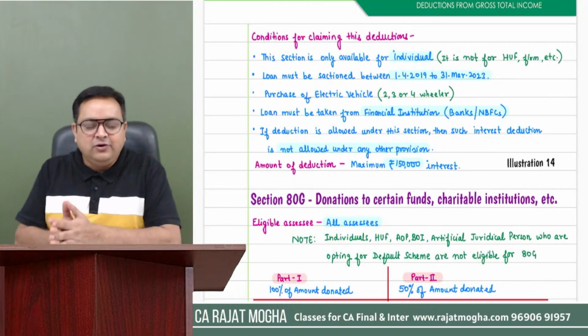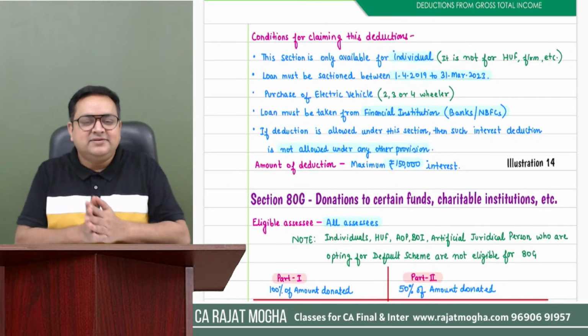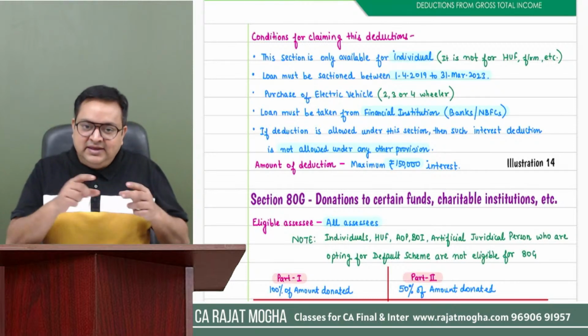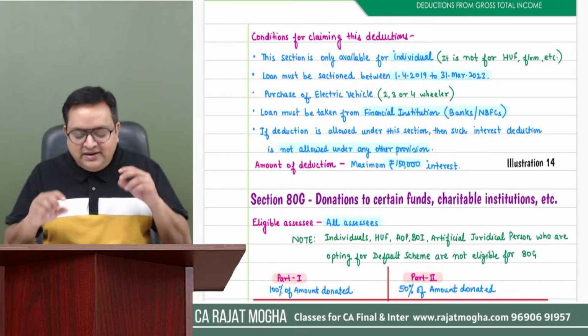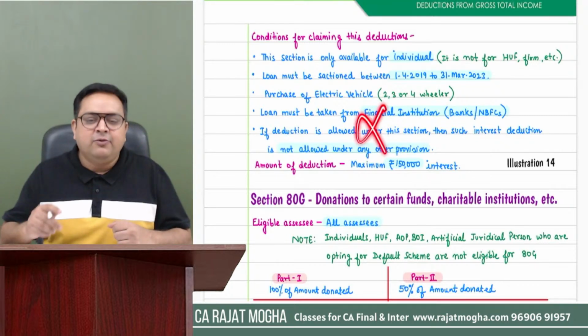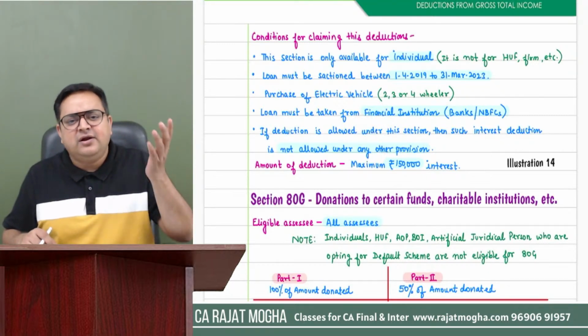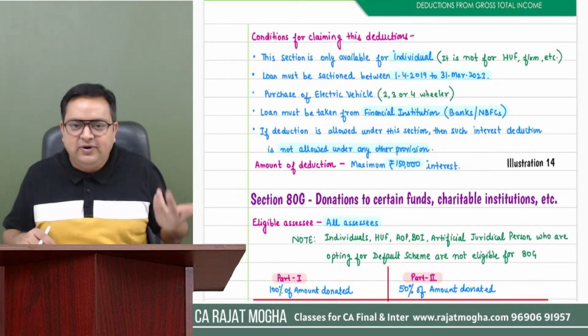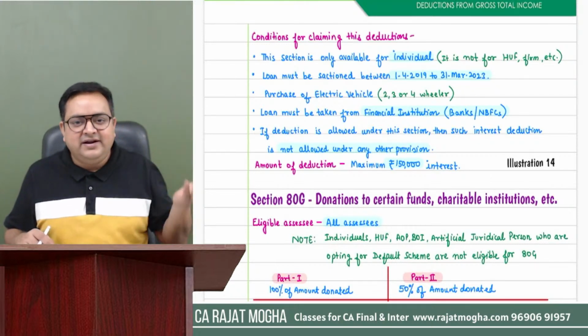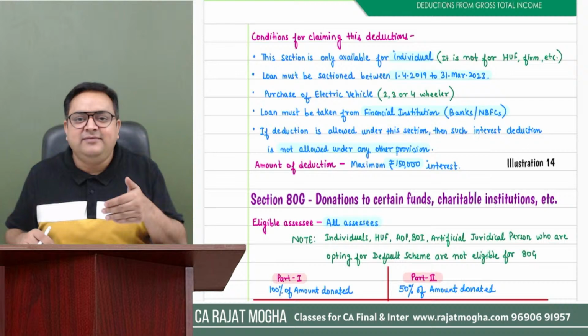So if you have taken a loan for business purpose, purchasing a business asset, then there is already a provision under section 36. Then you cannot claim double deduction. If you are already claiming a deduction under section 36, you cannot claim over here. And in 36, whatever interest you are paying, you can get the deduction, right? There is no limit in that case. So if the assessee is claiming deduction under section 36, then he will not come in 80EEB, correct?